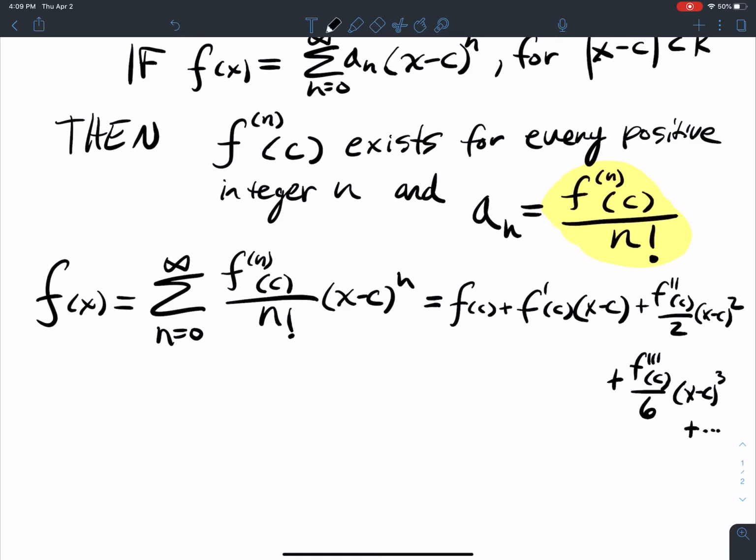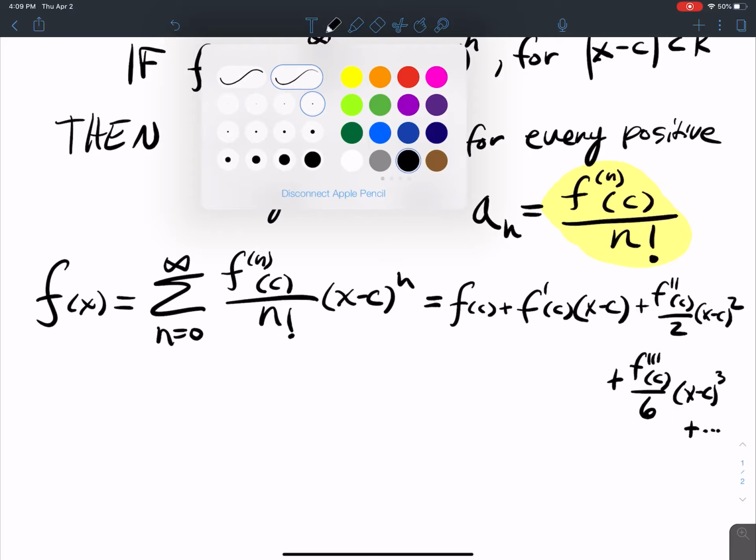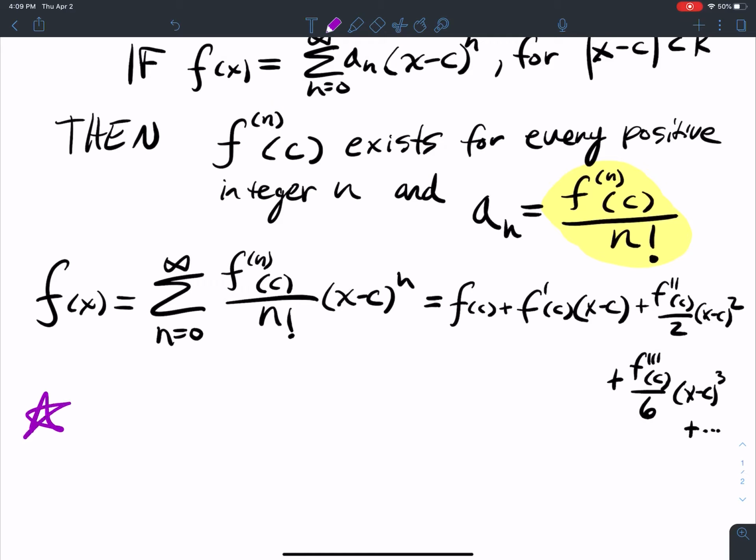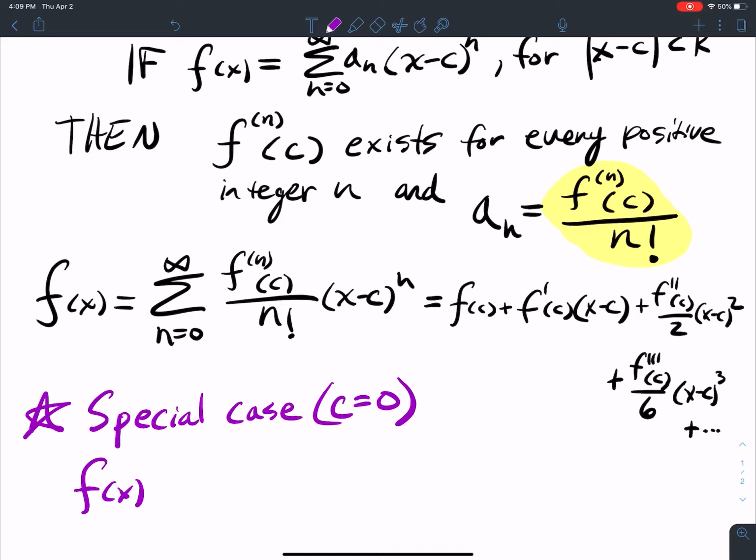Okay? Now, there's a special case here that has its own name, when c is equal to 0. So when we're centered at 0, f of x becomes a series, n equals 0 to infinity, of the nth derivative evaluated at 0 over n factorial times x to the n.